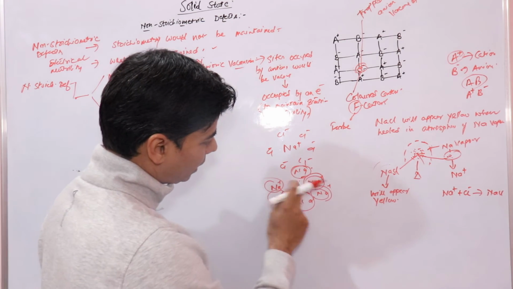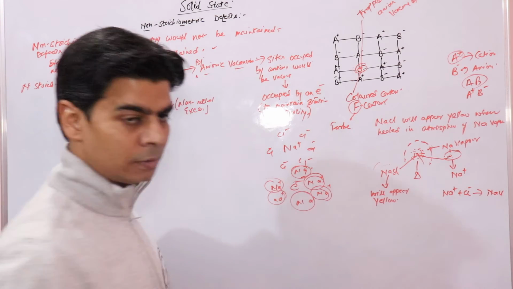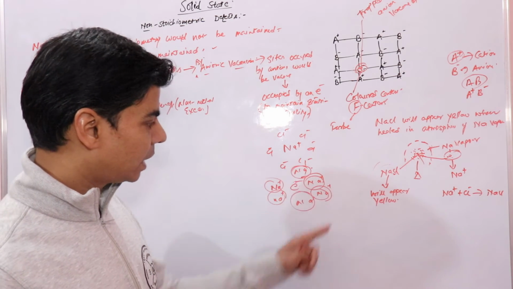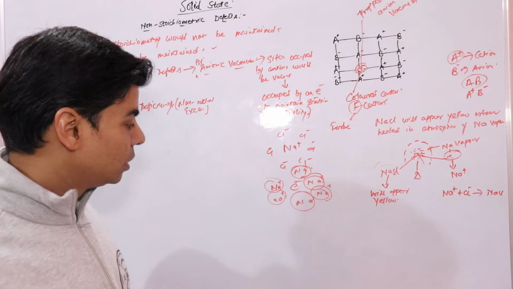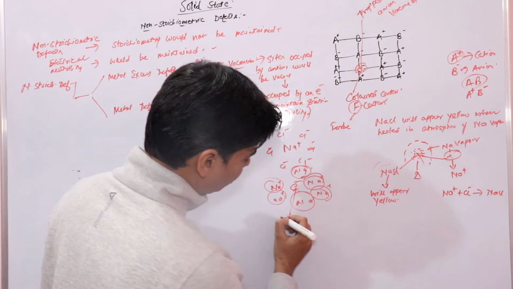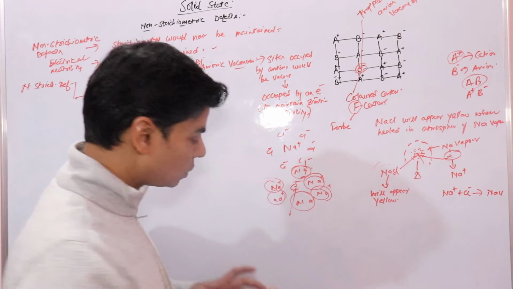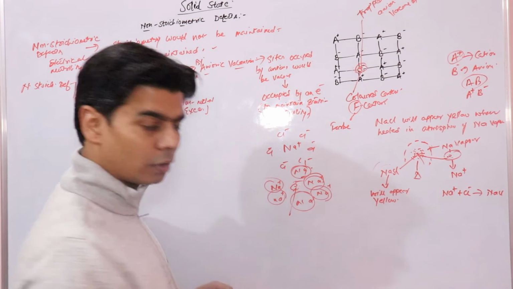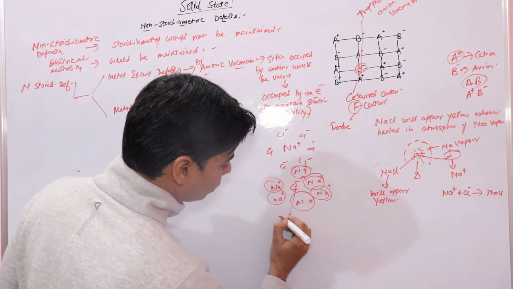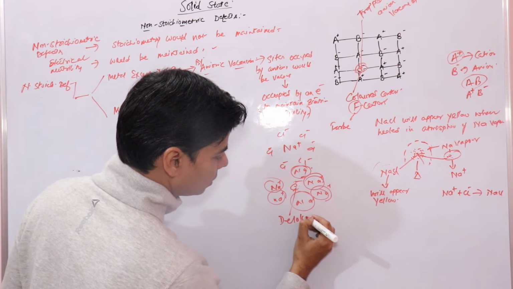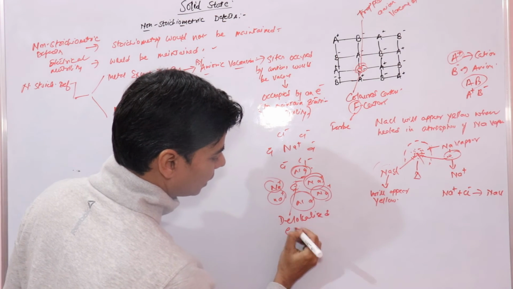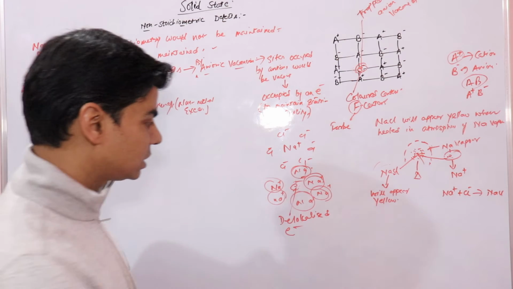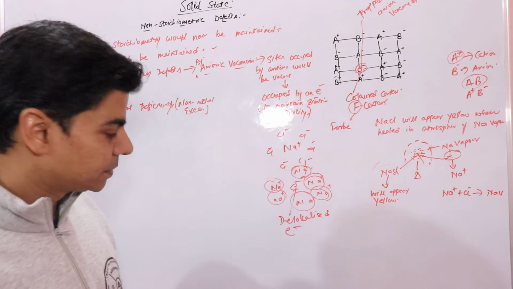So when this chloride ion is replaced by an electron, the electron would also be shared by these sodium ions. This electron is not localized to any one of the sodium ions, and we call it a delocalized electron, because it is shared by all these sodium ions.